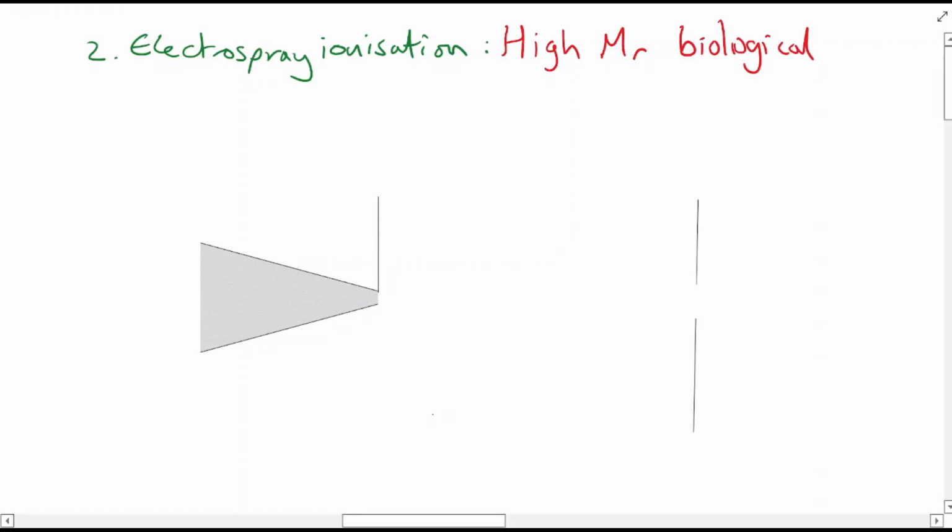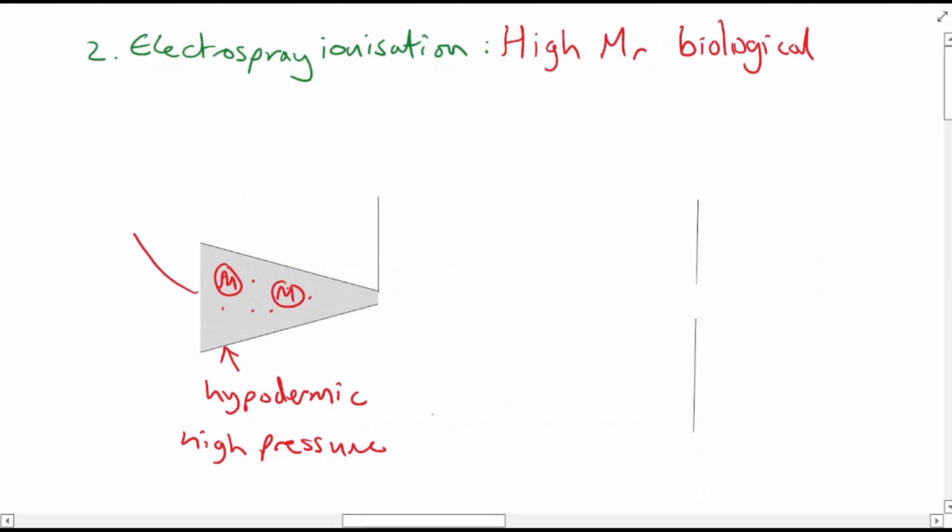Now this triangle over here in my diagram is a hypodermic needle, and it's at a high pressure. And in it we have our sample, and we're going to call our sample M. Okay, so really it's super small. We're going to draw them bigger so that we can see them. So M is a really large biological molecule.